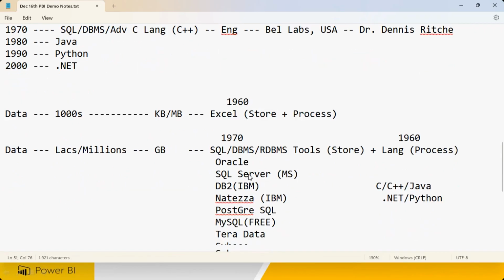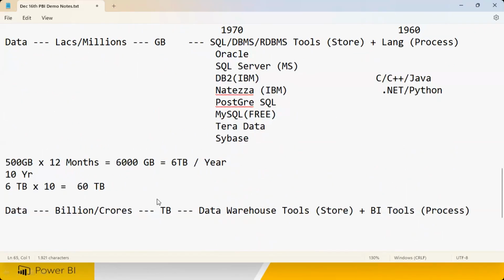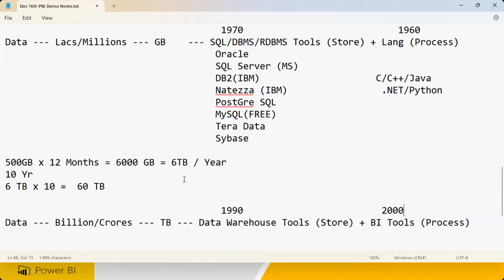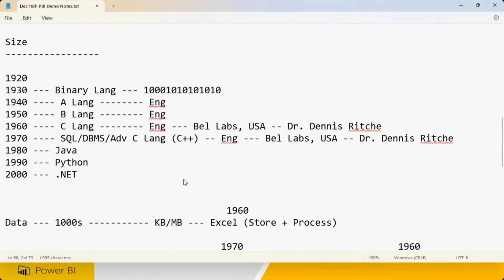Right? And data warehousing was introduced in the 1990s into the IT industry. BI tools have been introduced in the year 2000. Clear? So this was the industry. The industry is more elaborated, and more R&D work has been done on the languages. So for data storing, only one concept was there in 1970.